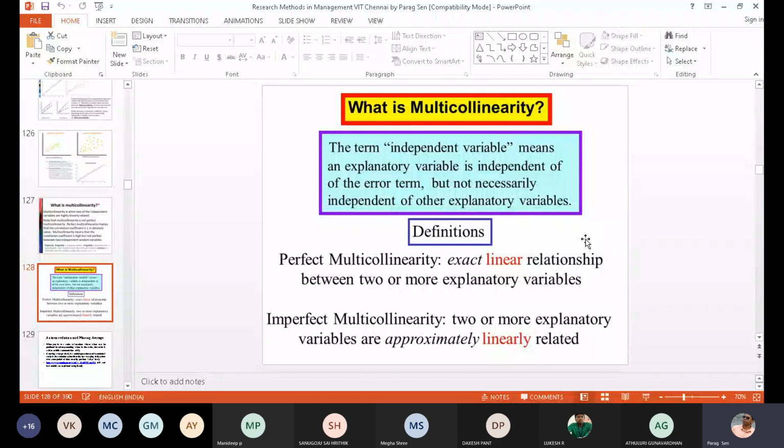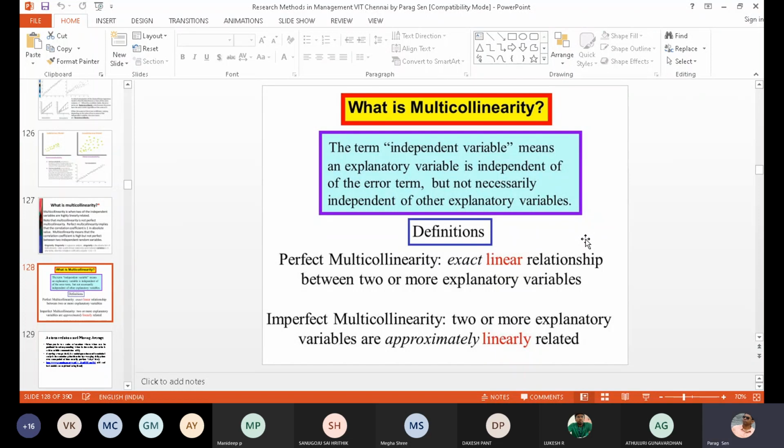Suppose you are considering the effect of different independent variables on a particular dependent variable; the uniqueness of each independent variable is required in many cases or in many models, for example in the case of the structural model.